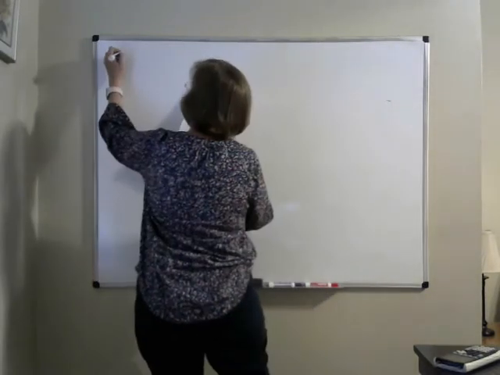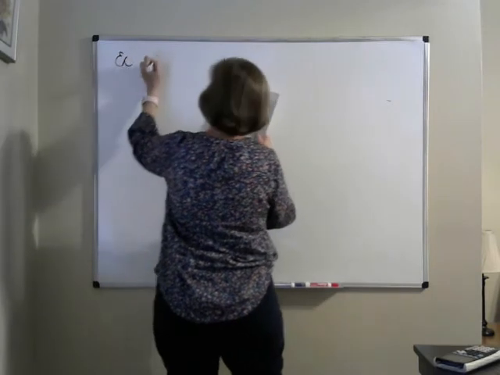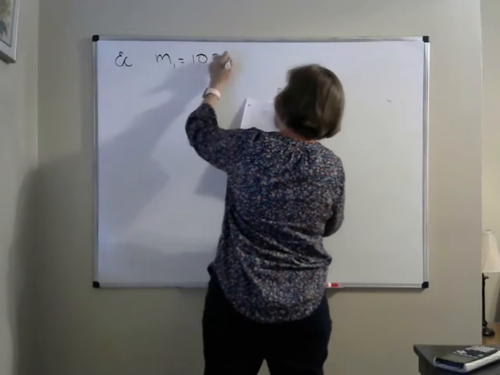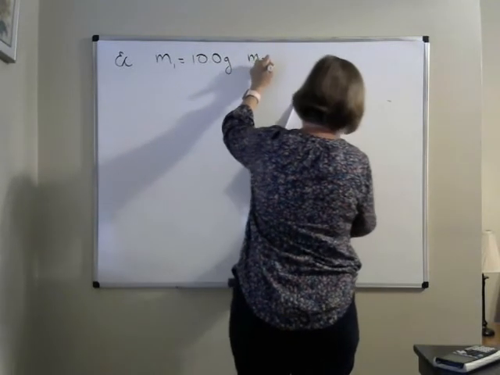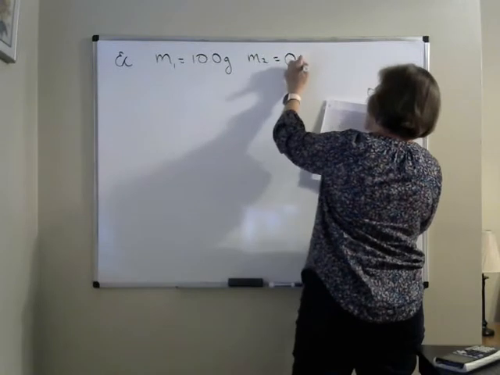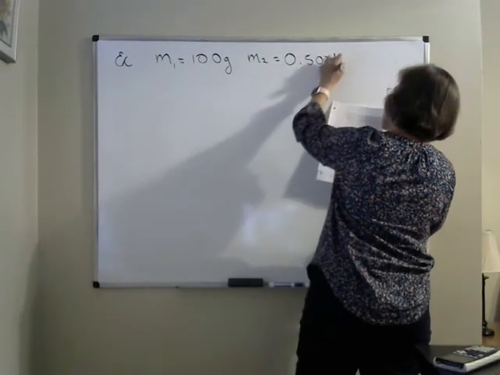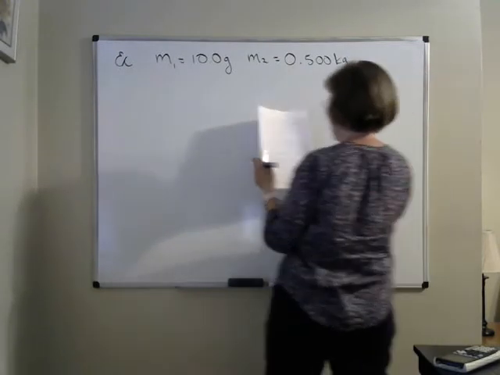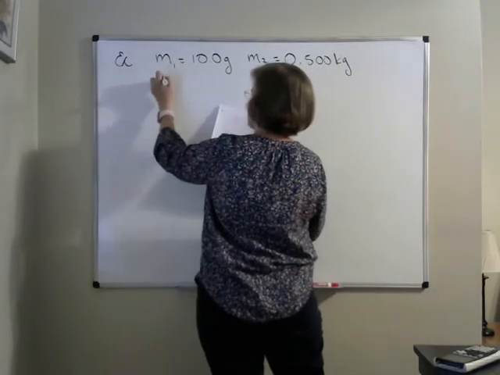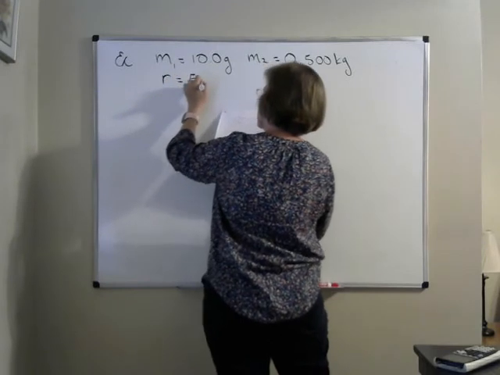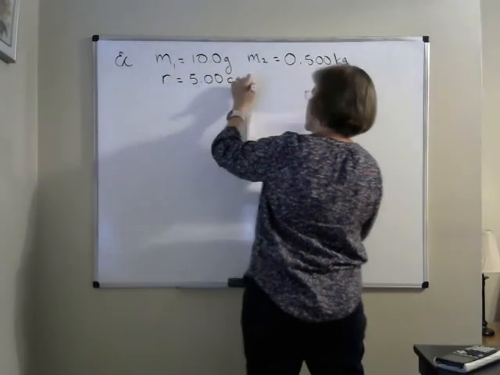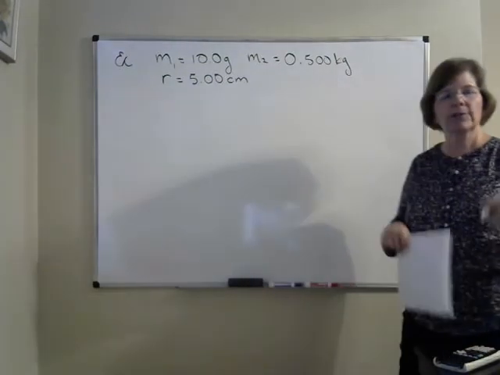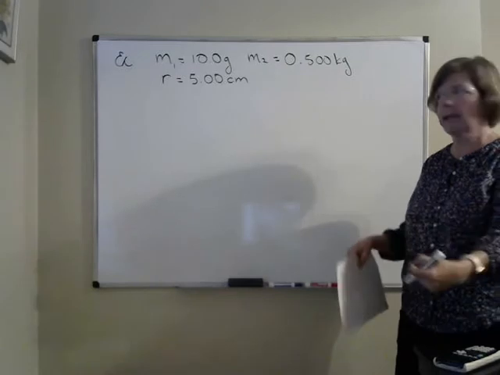Suppose, for example, we have two masses. Mass 1 is 10 grams. Mass 2 is 0.500 kilograms. And they are separated by a distance of 5 centimeters. The one thing we're definitely going to have to do is make sure we always have units that are in kilograms, meters, seconds.